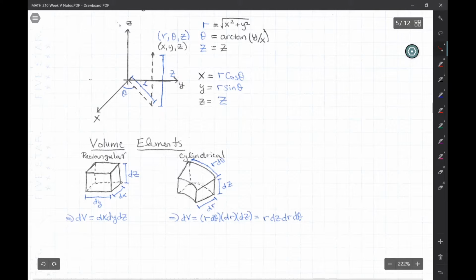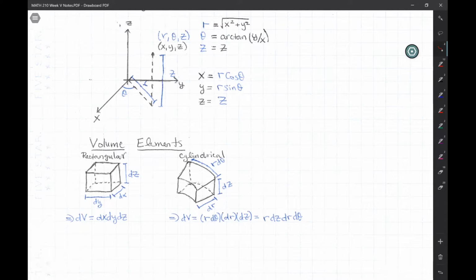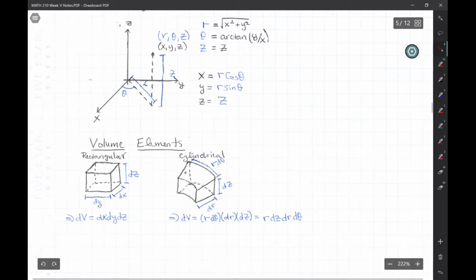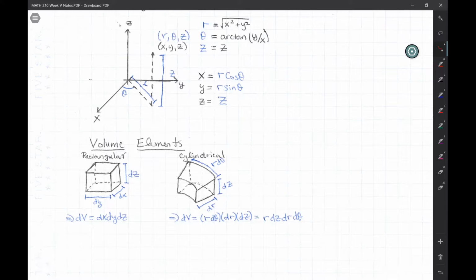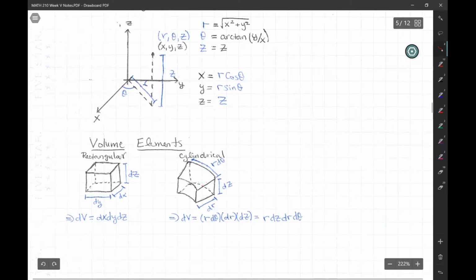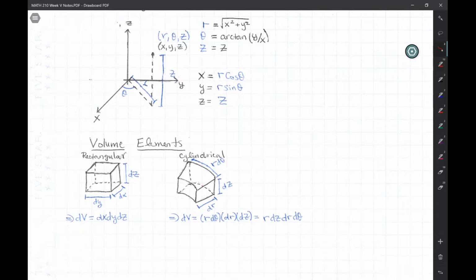Well, now we'll have to break up our domain of integration, or region of integration, into these wedges, these cylindrical wedges we call them. And let's compute the volume element for that. What is the volume of this small wedge in the limit that this becomes an infinitesimal volume?